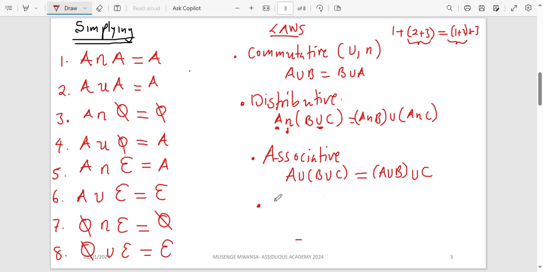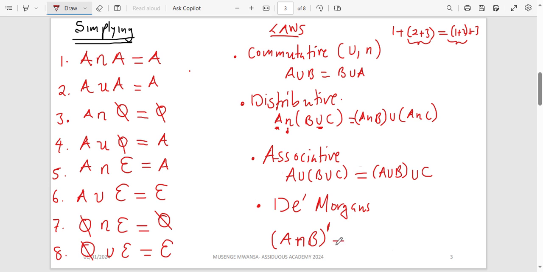Okay. So the other law I want you to take note of is De Morgan's law. Now, De Morgan's law, if you are having A intersection B, so don't worry, at any point you are behind, you catch up. If you're having A intersection B, you can see there is a complement outside.